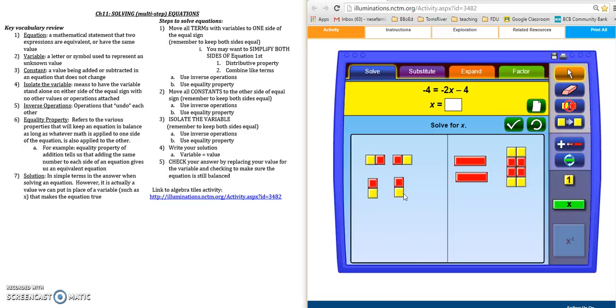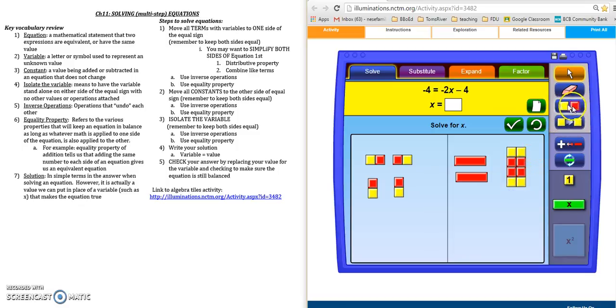So right now, if we were writing it, you would have a plus 4 under the right and a plus 4 under the left to show that we have added 4 to both sides. These are called zero pairs because they cancel each other out. So the way we get them to cancel, simply layering them over each other will not remove them, although it colors differently. The way this program works is you come up here to the right.